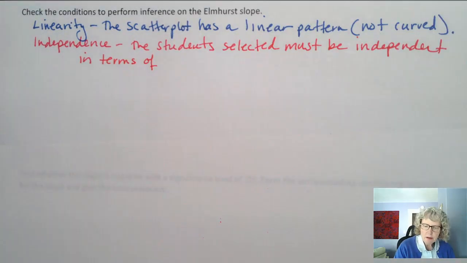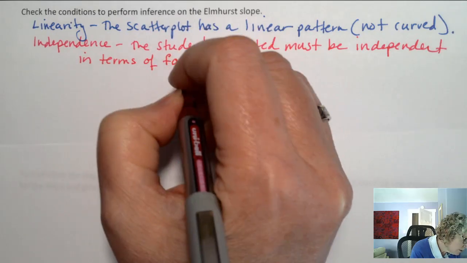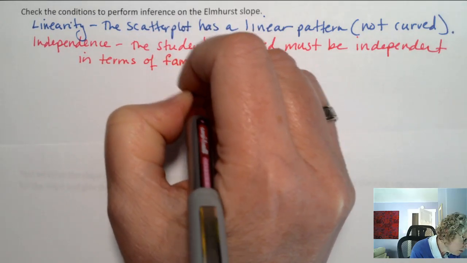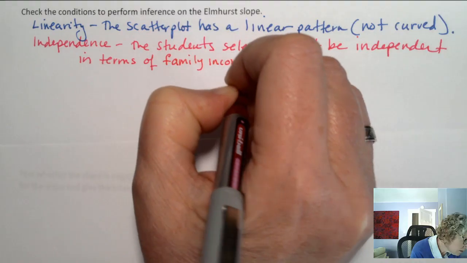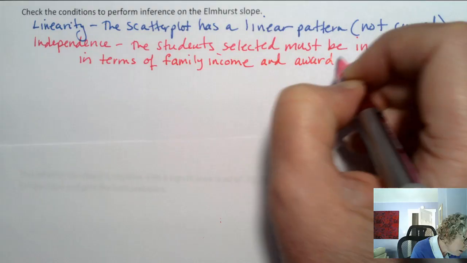In terms of family income, which is the X variable, and award or aid amount.